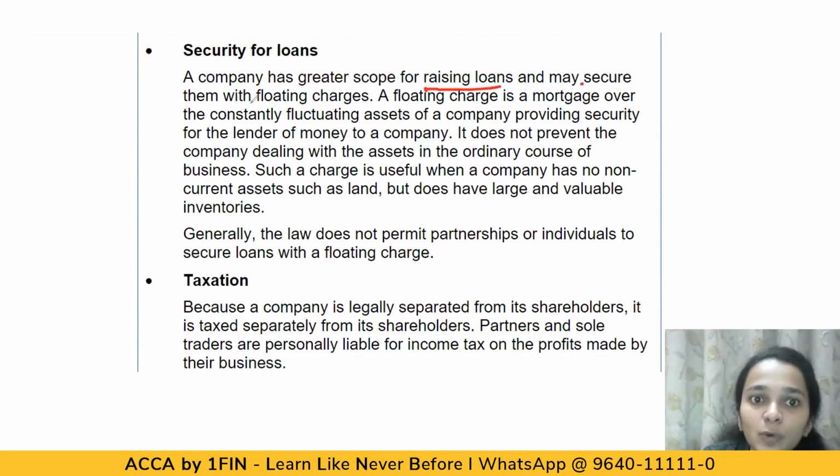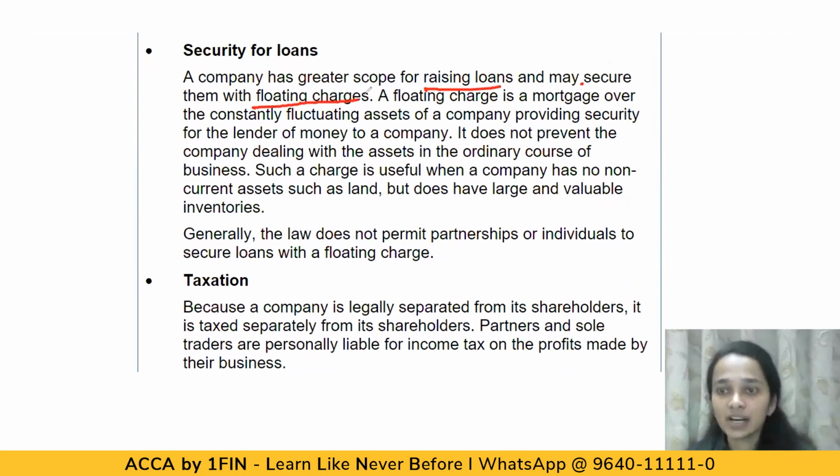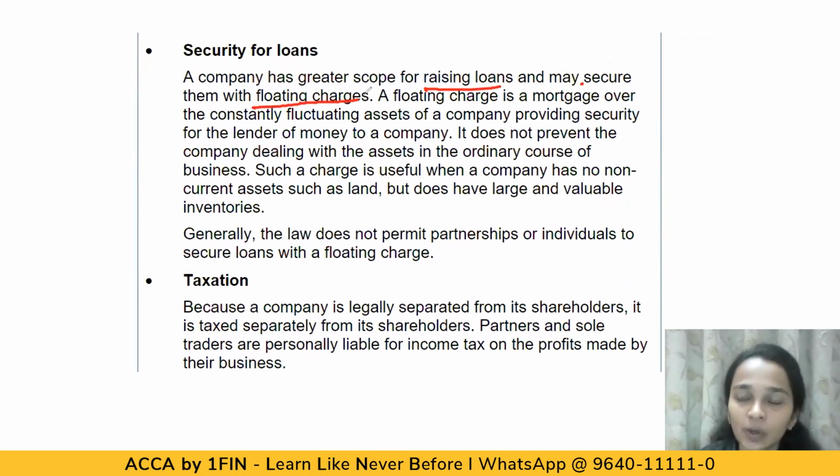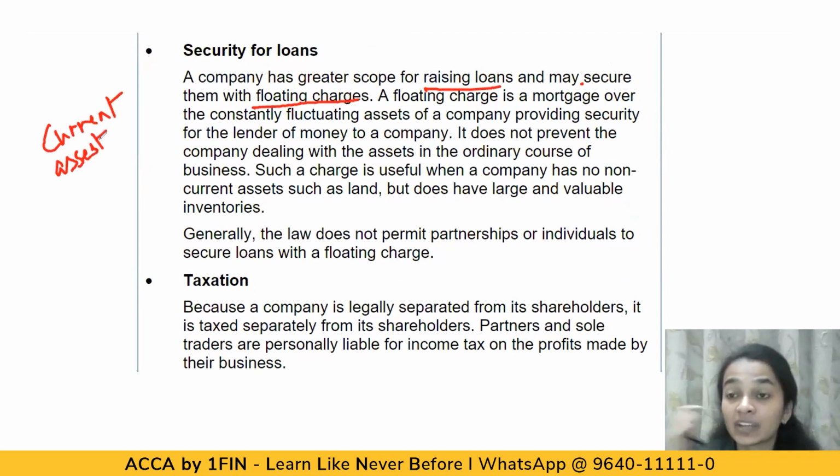Talking about security for loans, a company has a greater scope for raising loans and may secure them with a floating charge. A floating charge is basically a security which is created on the current assets of the company. What are current assets? We'll understand in some time. These are basically assets whose value keeps on fluctuating. There's no fixed value, but their value keeps fluctuating.